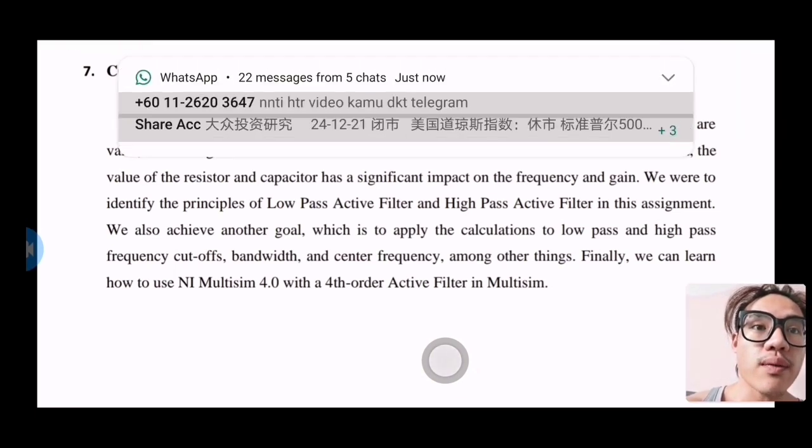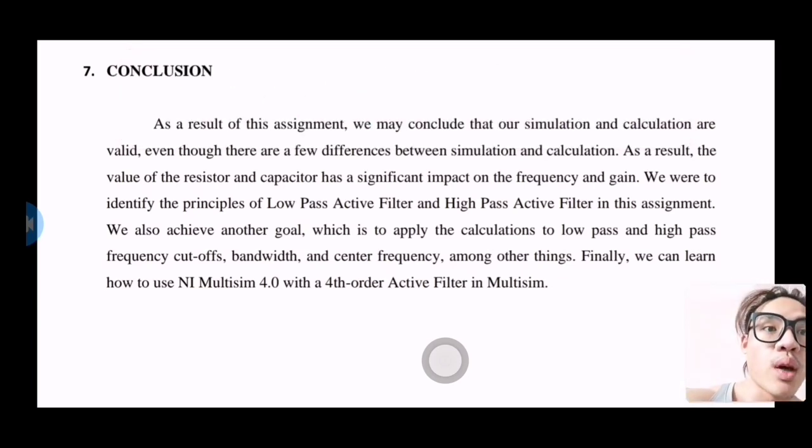As a result of the assignment, we may conclude that our simulation and calculation are valid, even though there are a few differences between simulation and calculation. As a result, the value of the resistor and capacitor has a significant impact on the frequency and gain. We were able to identify the principle of low-pass active filter and high-pass active filter in this assignment.